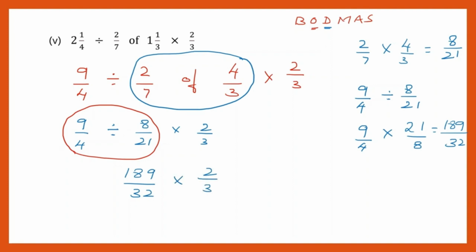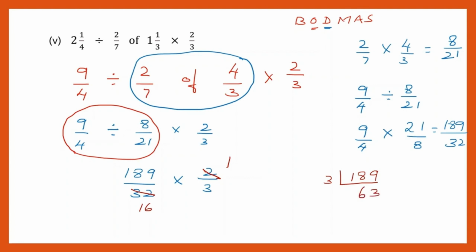Now see, there is something you can cancel. We can cancel 189 by 3 and 32 by 2. So let's do the easier one first. 2 ones are 2, 32, 16. Now 189 and 3. Let's divide. Let's do it with short division. Let's divide 189 by 3. 3 sixes are 18. 3 threes are 9.